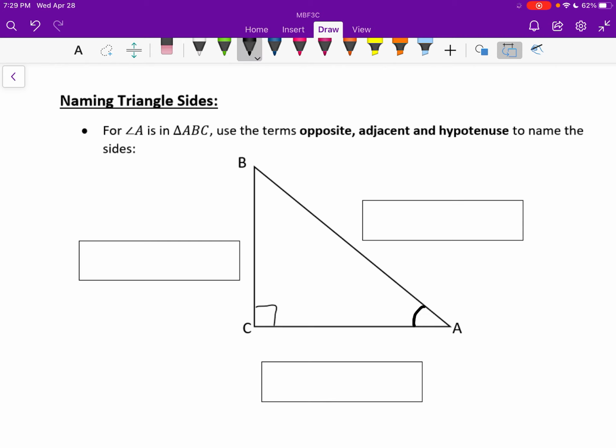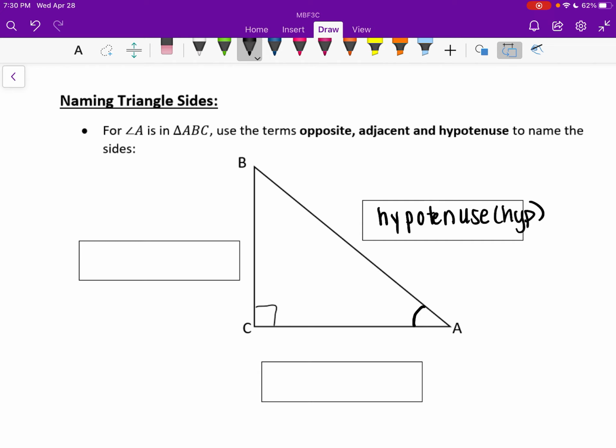The hypotenuse always stays the same because it's just the diagonal line. So I can just go in and put my hypotenuse. From now on, I usually just write it as hype, like that.